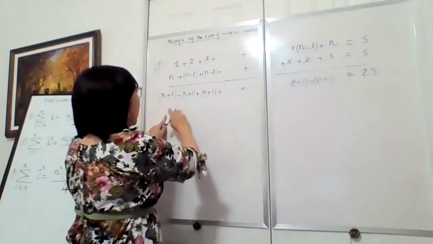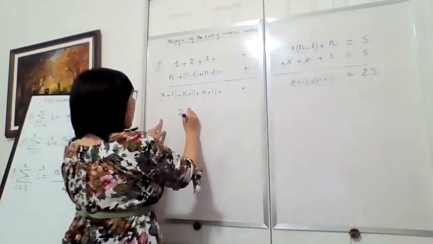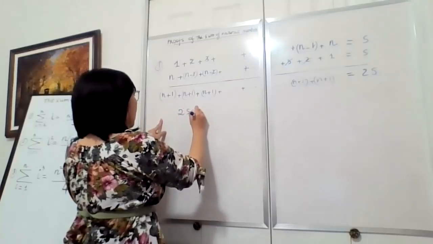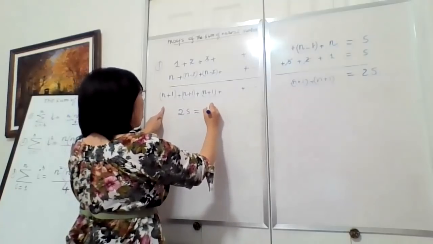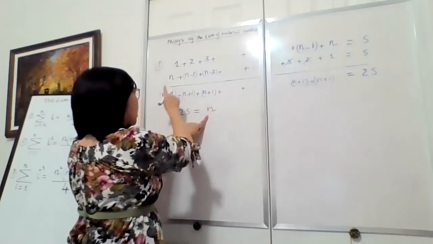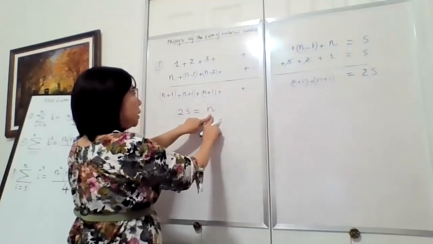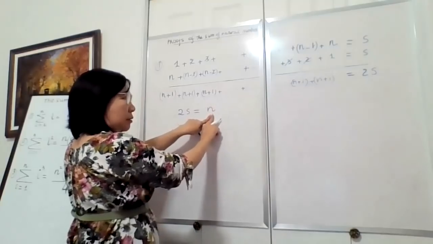So we can summarize this expression as 2S on the right hand side equals, the number of terms is n, right? How many terms do we have? If we have 50 terms, we substitute n by 50. If we have 100, we substitute n by 100.